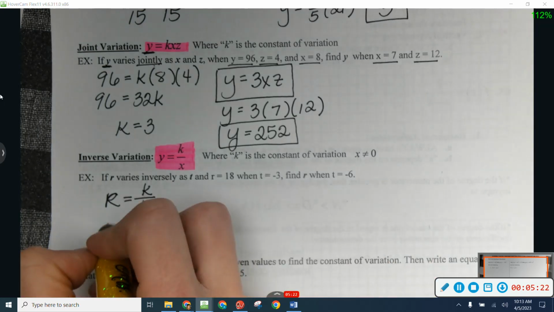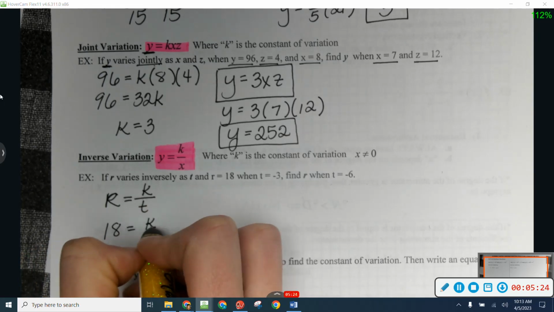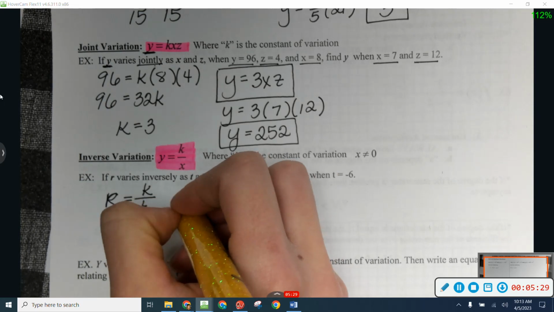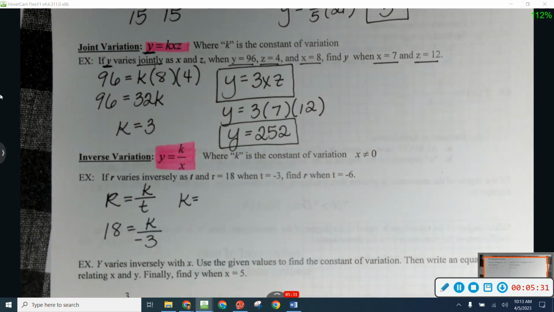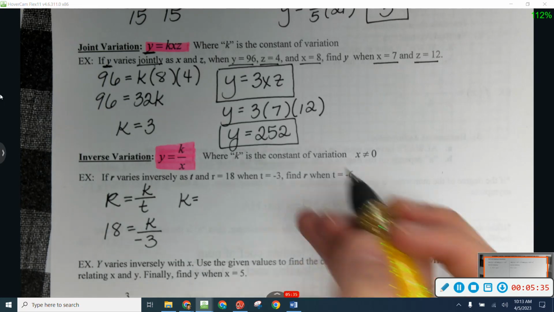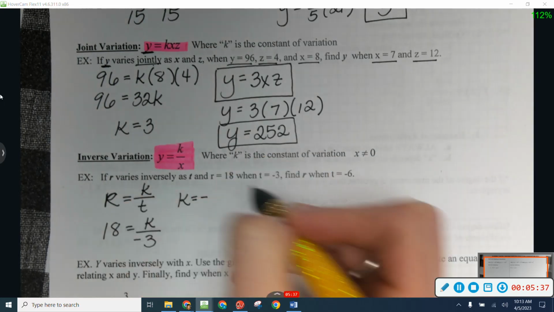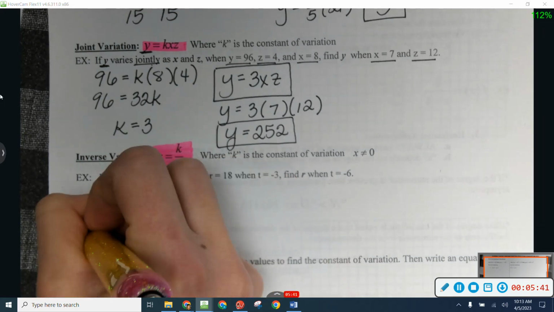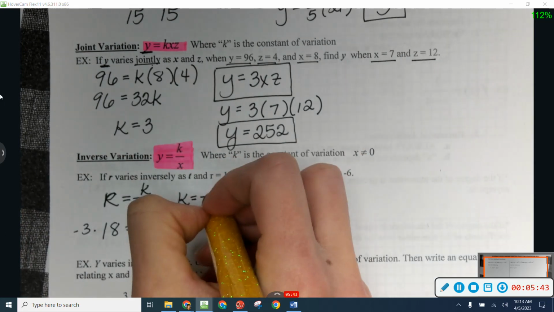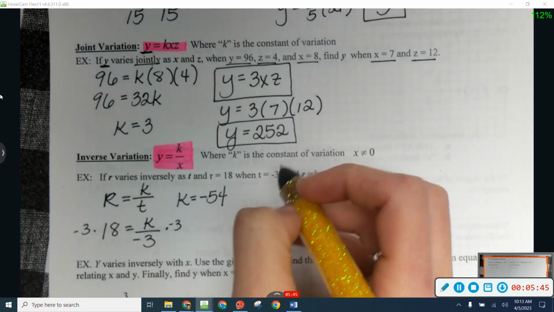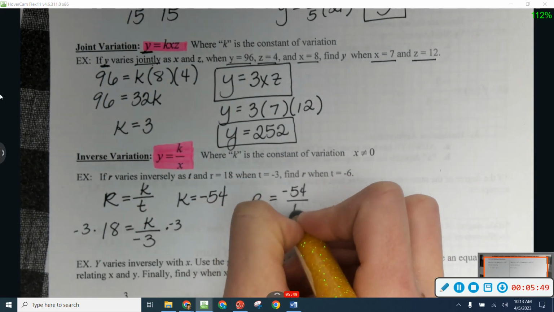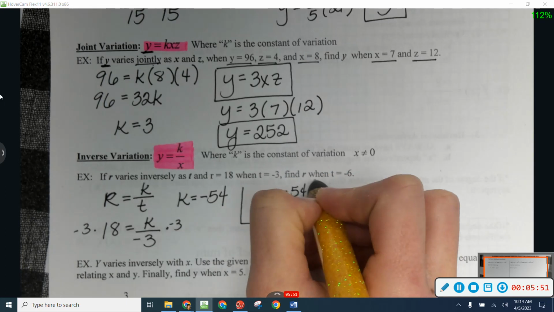So I'm going to have 18 is equal to k over negative 3. So k will equal what? 18 times negative 3. So r equals negative 54 over t would be my first equation.